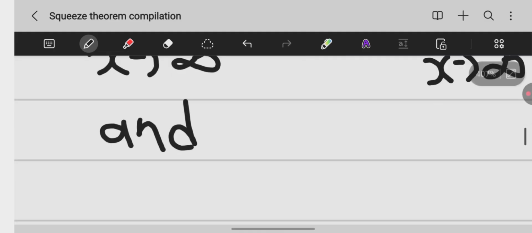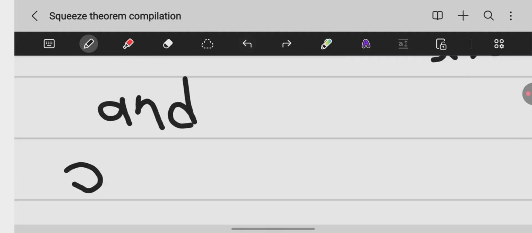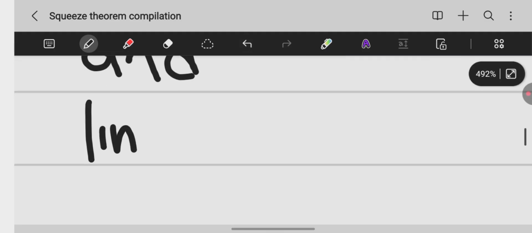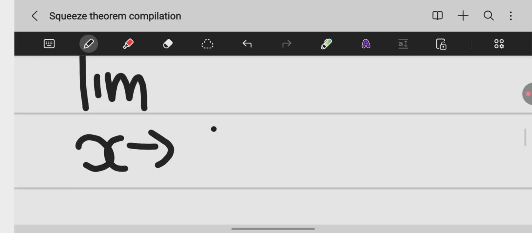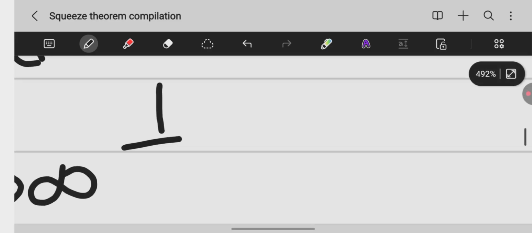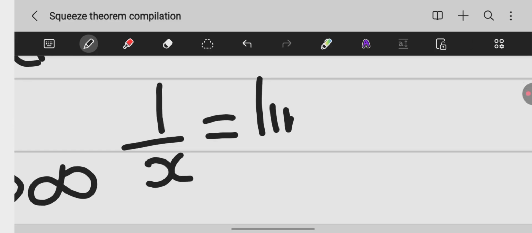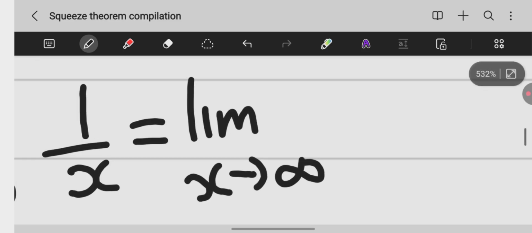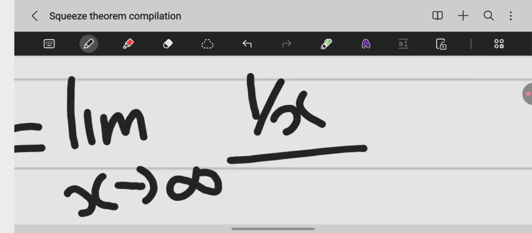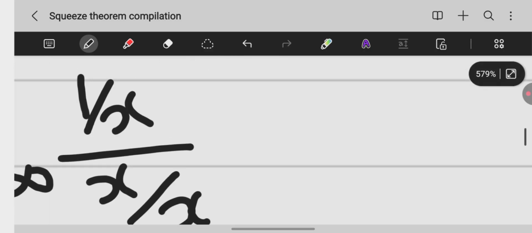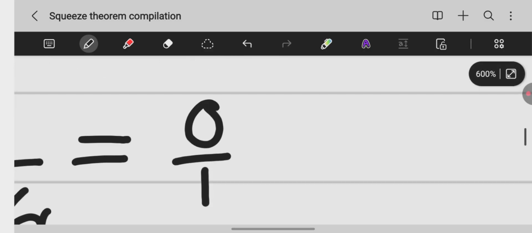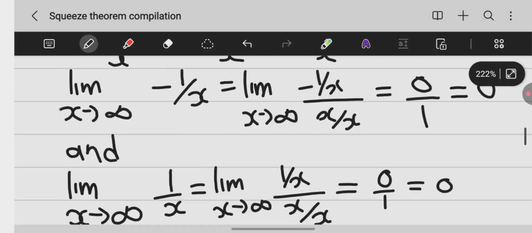And the limit as x approaches infinity of 1 over x is the same as the limit as x approaches infinity of 1 over x over x over x. That's really just 0 over 1, which is 0.